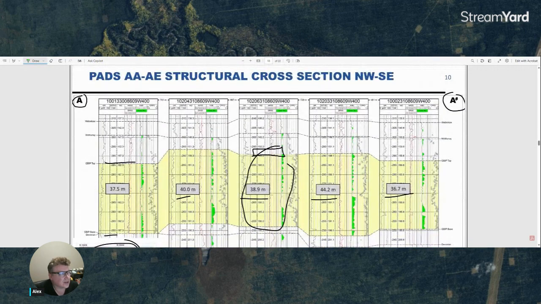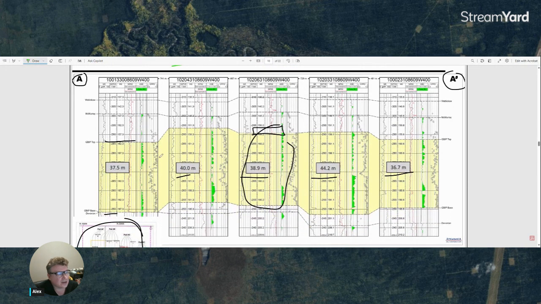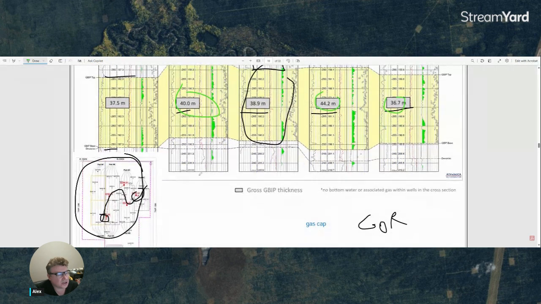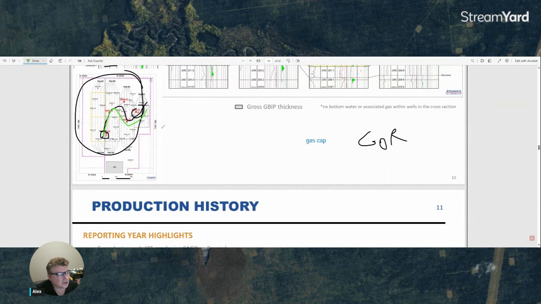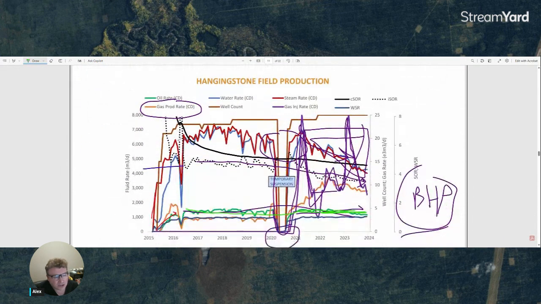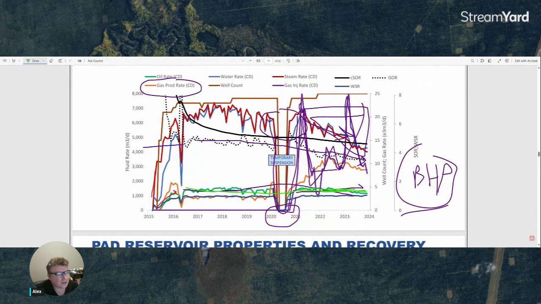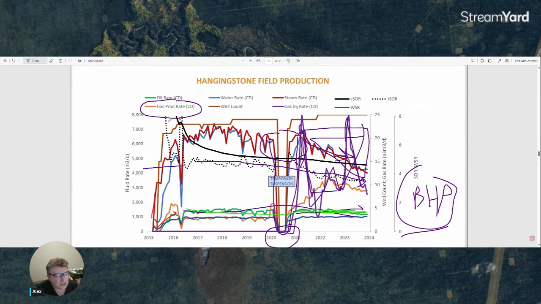We also looked at the pad AE structural cross sections going from northwest to southeast, and we learned about 40 meters, 44 meters, 36 meters, and the various geologies in place in that cross section. We looked at production history, and we tried to better understand the various variables that we need to be looking at and different readings.